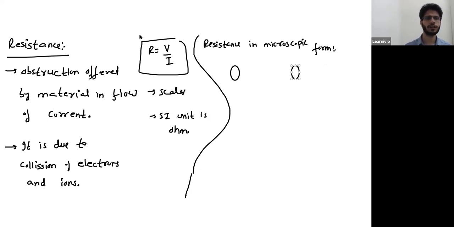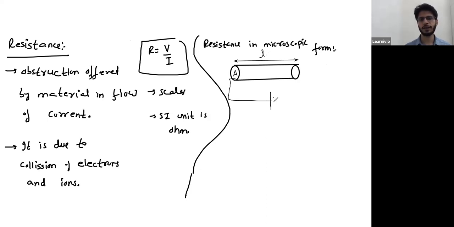So let's take a conductor. The length of the conductor is L. The area of cross section is A. I connected this conductor through a cell of voltage V. Current in the conductor.